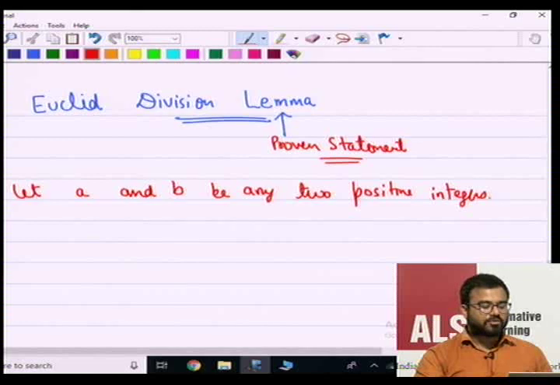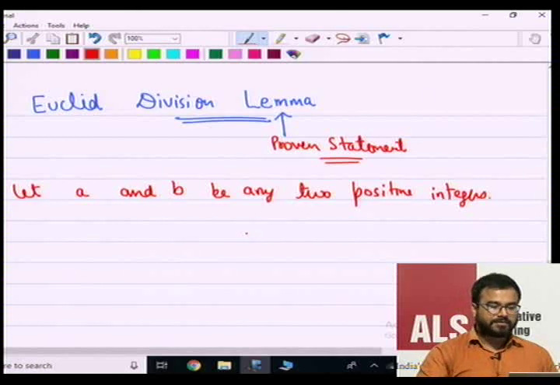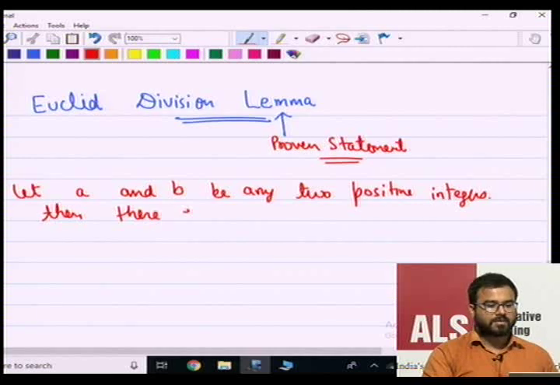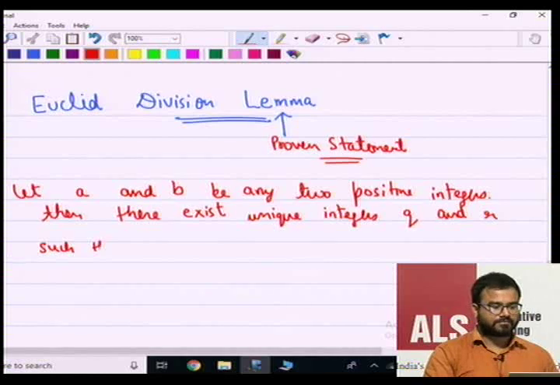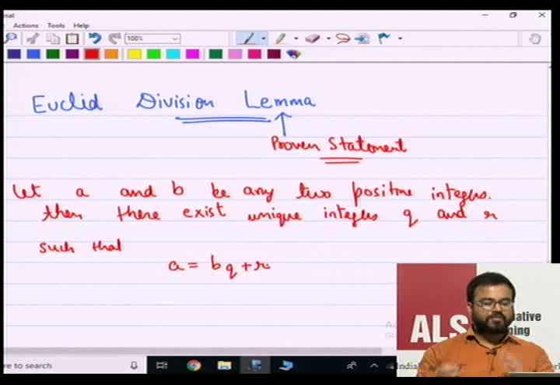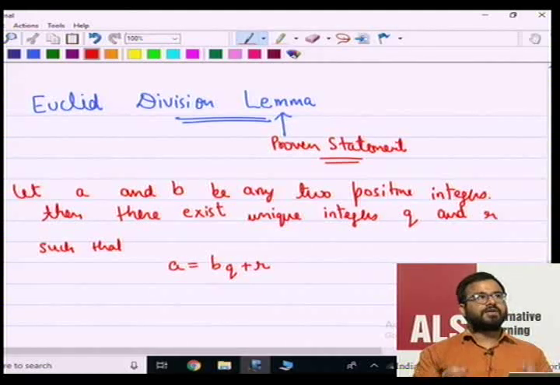If A and B are two positive integers, then there exist unique integers Q and R such that A is equal to BQ plus R. What do we mean by this?